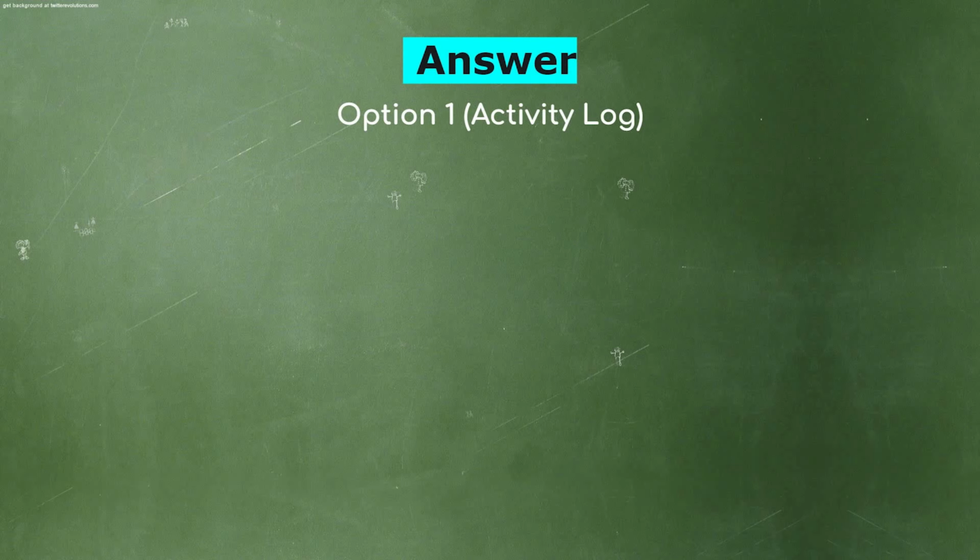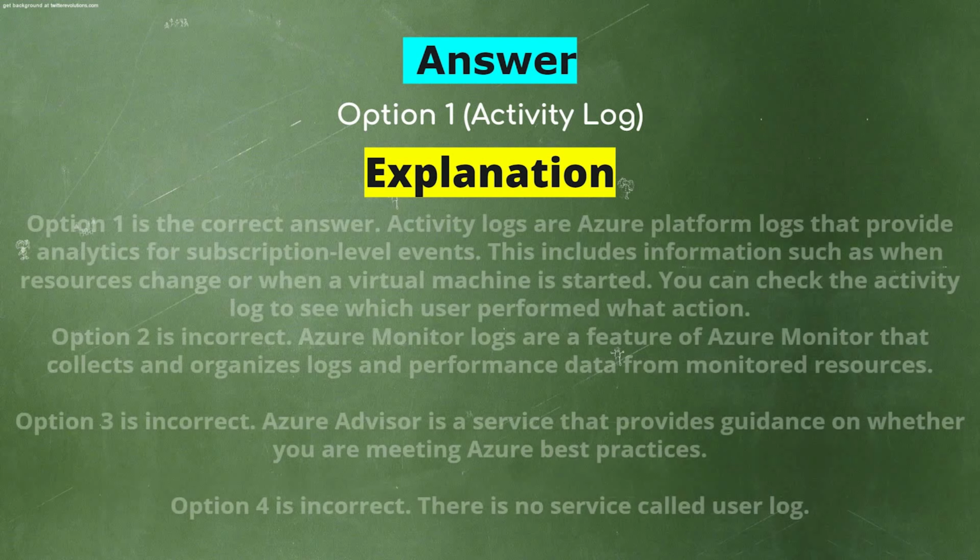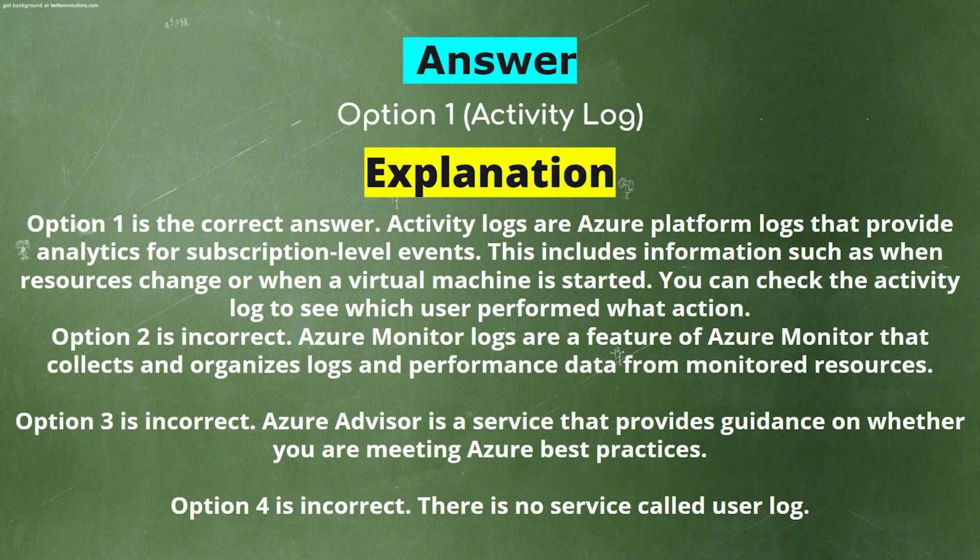Activity log. Explanation. Option 1 is the correct answer. Activity logs are Azure platform logs that provide analytics for subscription level events. This includes information such as when resources change or when a virtual machine is started. You can check the activity log to see which user performed what action.